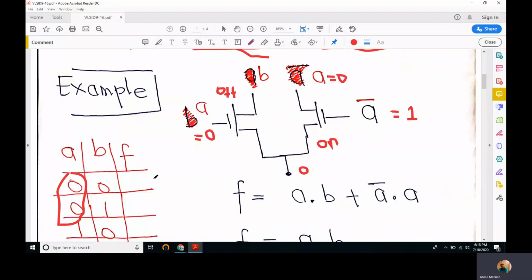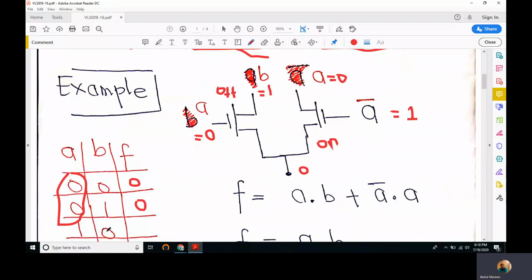So when A is a 0 and B is a 0, we get a 0 at the output. And when A is equal to 0 and B is a 1, whether B is 1 or 0, if A is a 0 this transistor is off and this transistor is on. So we get a 0 here.